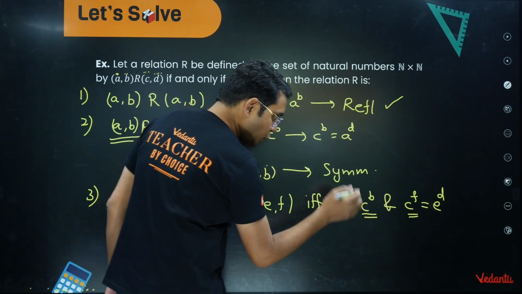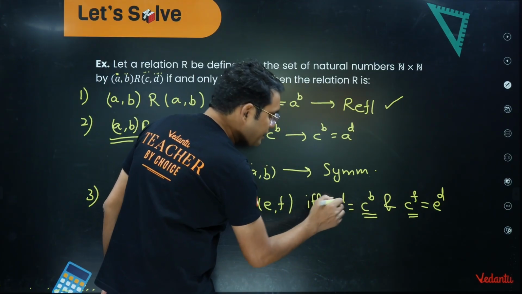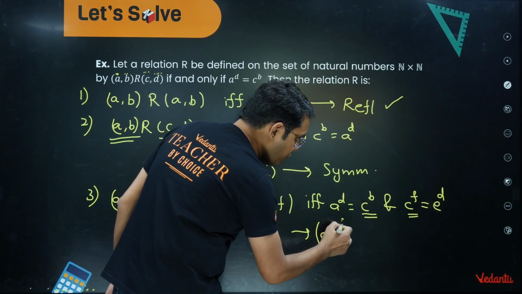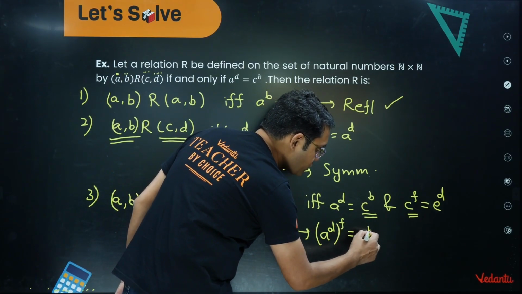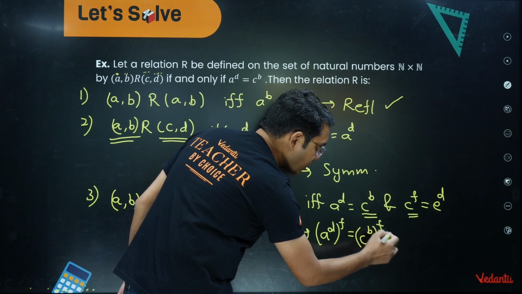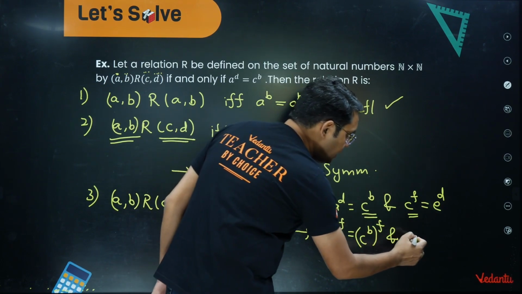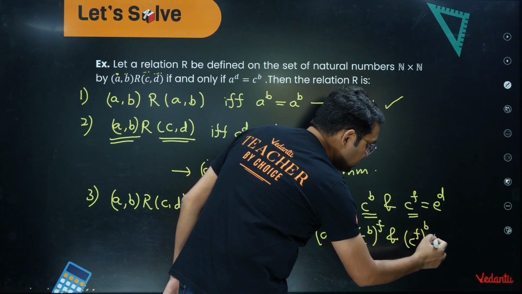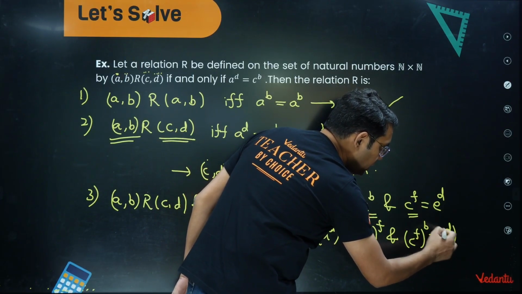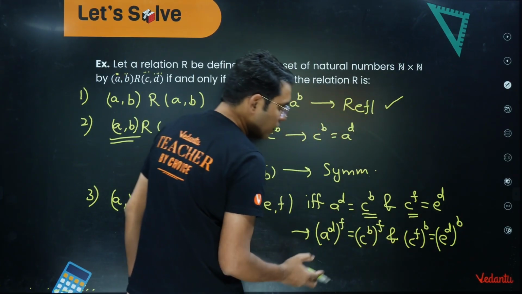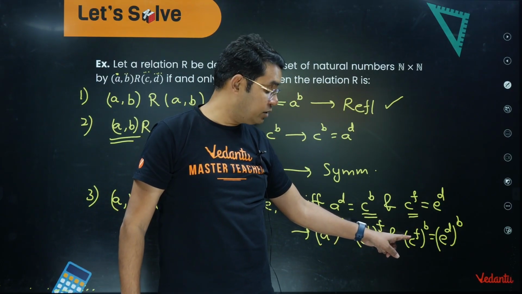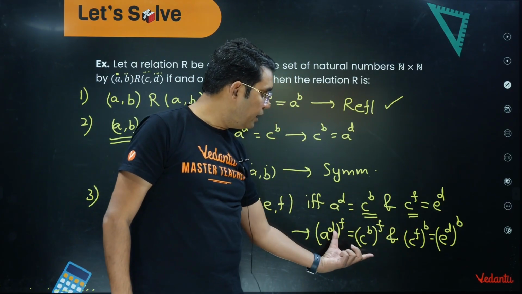So I'll be writing this relation as a raised to the power d whole raised to the power f is equal to c raised to the power b whole raised to the power f. Similarly, here I will be writing c raised to the power f whole raised to the power b is equal to e raised to the power d whole raised to the power b. Now this c raised to the power f whole raised to the power b is nothing but c raised to the power f into b, and similarly here.